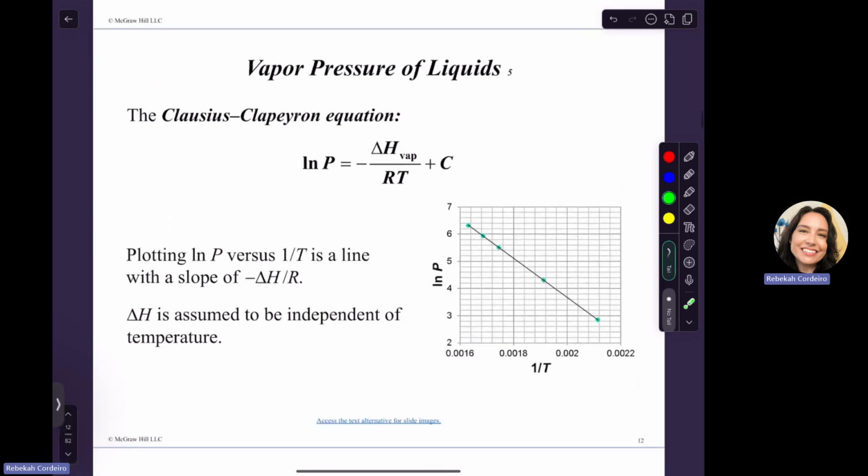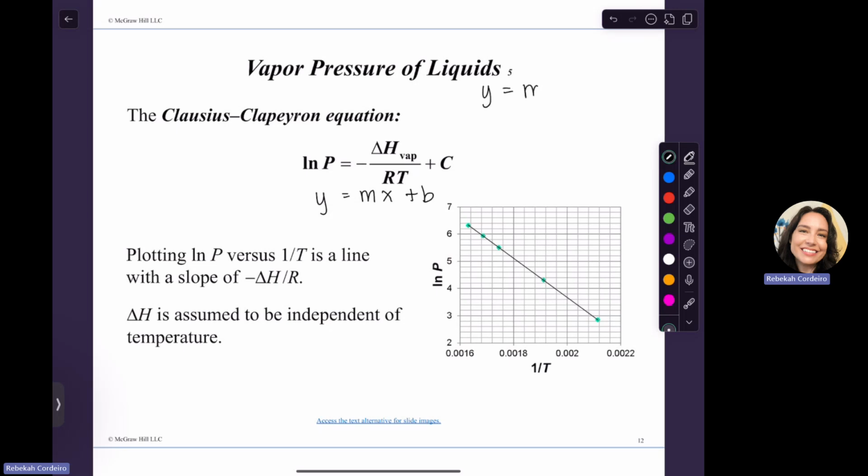We can make a graph, with the natural log of the vapor pressure and the inverse of temperature as your Y and X. If you plot natural log of vapor pressure versus 1 over T in Kelvin, the slope would be this. What we're looking at here is Y equals M X plus B. Let me rewrite it so that it looks a little more like that.